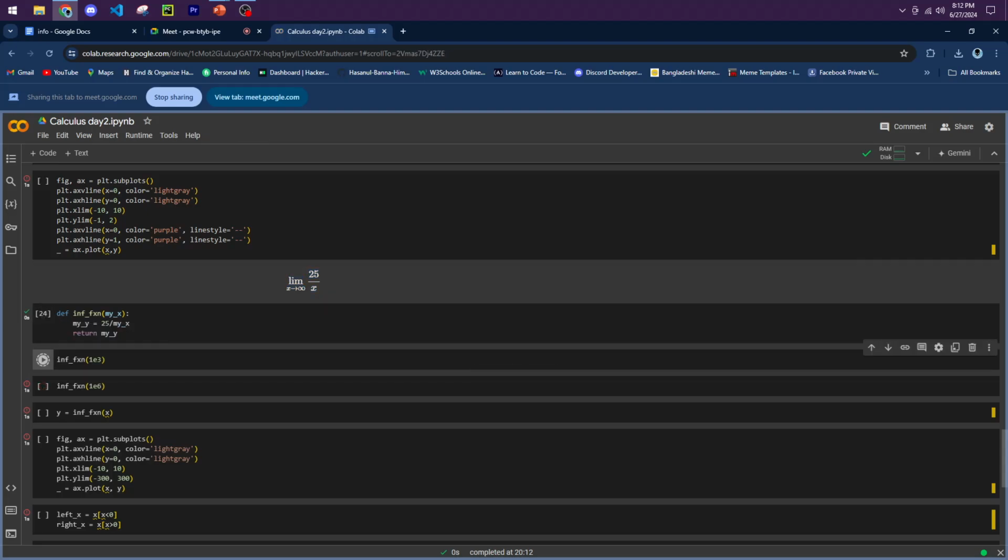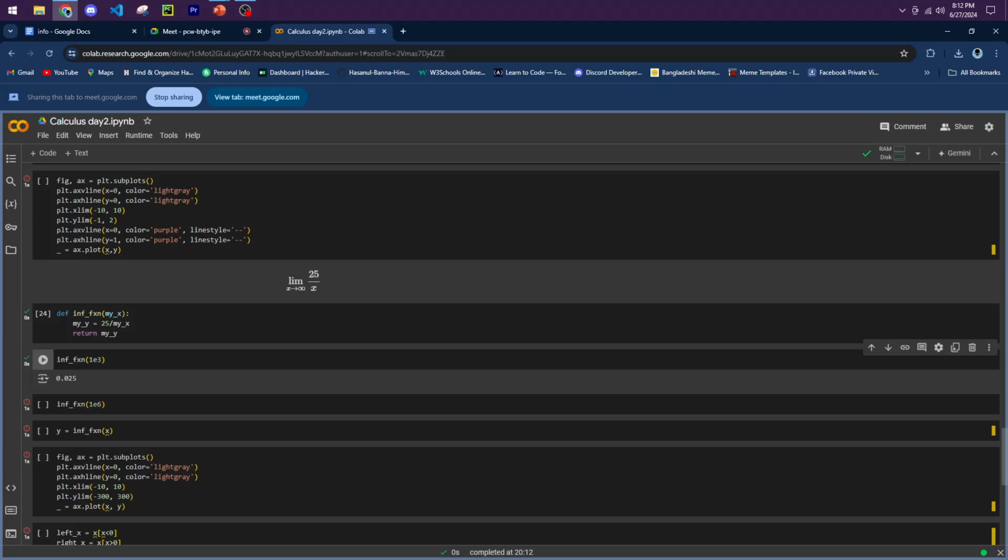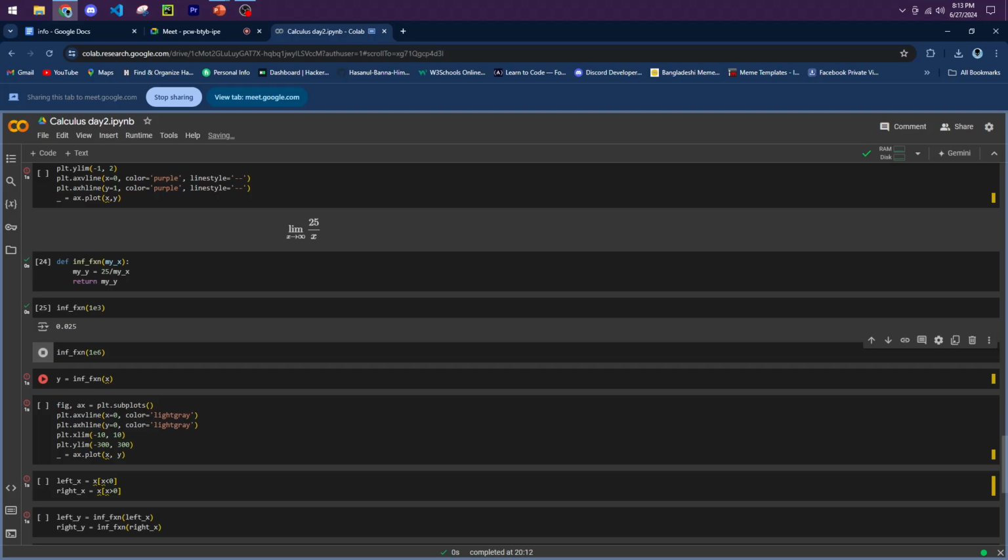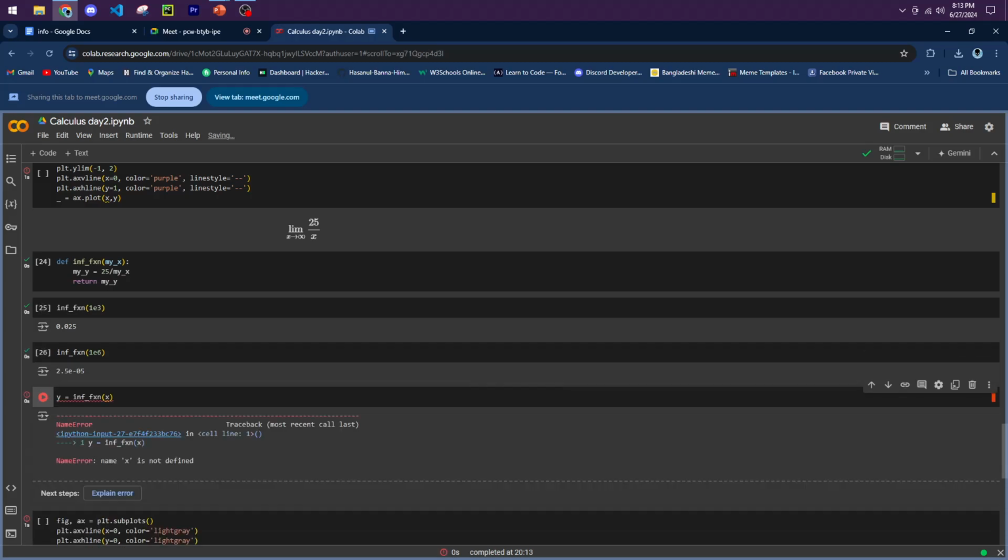So for this one, here we have an infinite function. When we run this with e to the power 3, we got an output of 1.025, and the same goes for the others. Here, as x is not defined, you need to put some value in x, so it is not running. If I put some value like 1e5, it will give me some output.